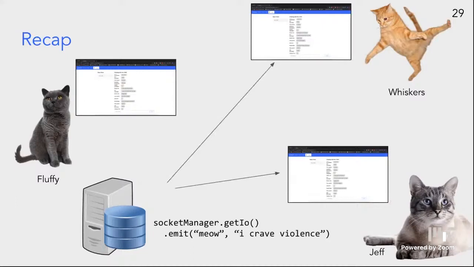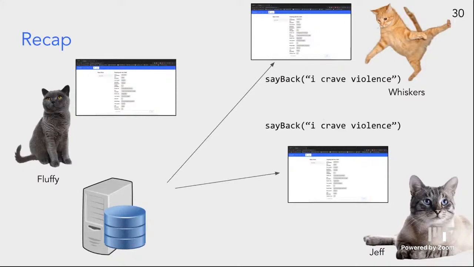When the server receives this meow, it can then emit to the other two cats an event called meow with the text, "I crave violence." And so this is something that should hopefully look familiar from yesterday's lecture. And because Whiskers and Jeff both called socket.on, when they receive this event, they're both going to call say back of "I crave violence."